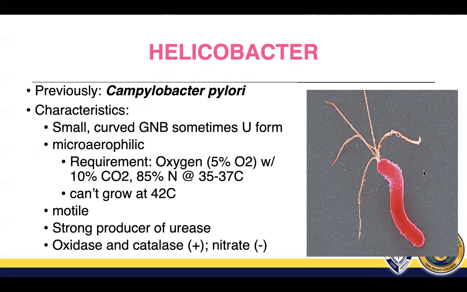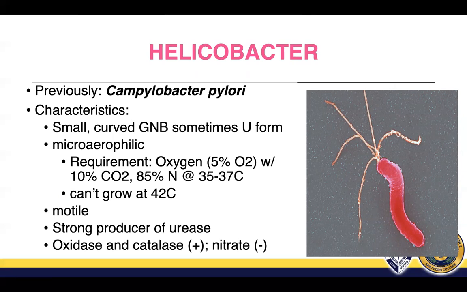It's microaerophilic, like Campylobacter. It requires 5% oxygen with 10% carbon dioxide and 85% nitrogen, and should be incubated at 35 to 37 degrees. It cannot be grown at 42 degrees Celsius.